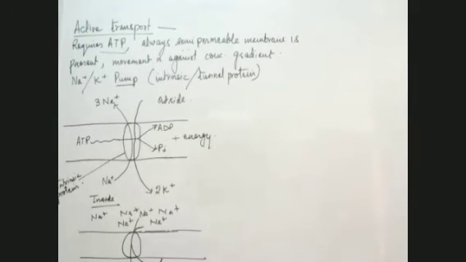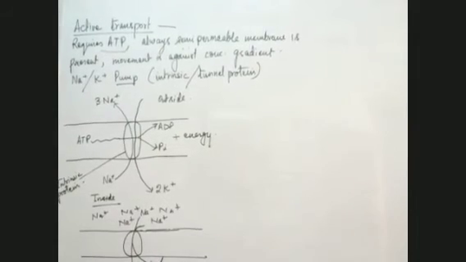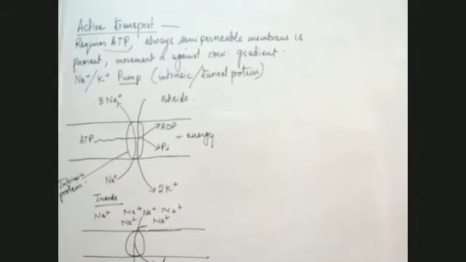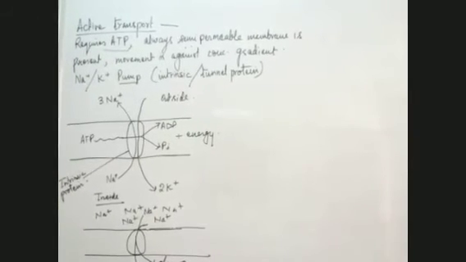I'll repeat this for you. See here, children. Active transport is taking place. The properties of active transport: active transport requires ATP. It requires energy. It is always through a semi-permeable membrane, and it requires energy.